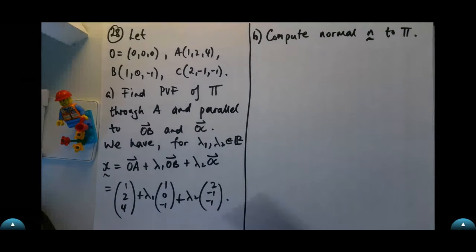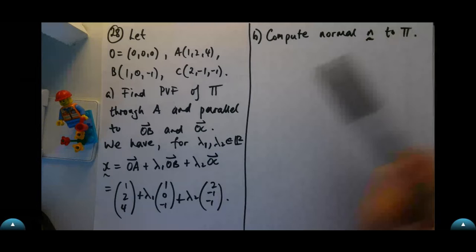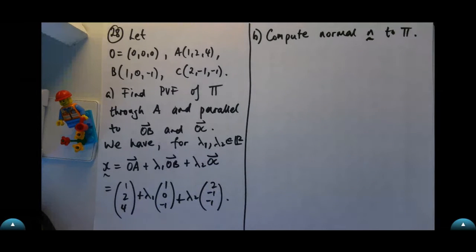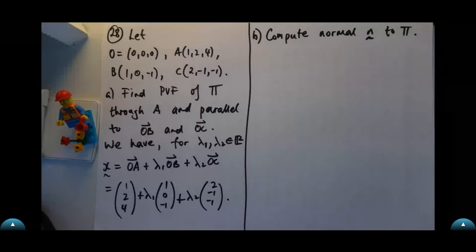So we want a normal vector to the plane here. Can anyone tell me on that chat, smash that chat button, how can we compute a normal vector from part A? Who can tell me? Come on, don't be shy.